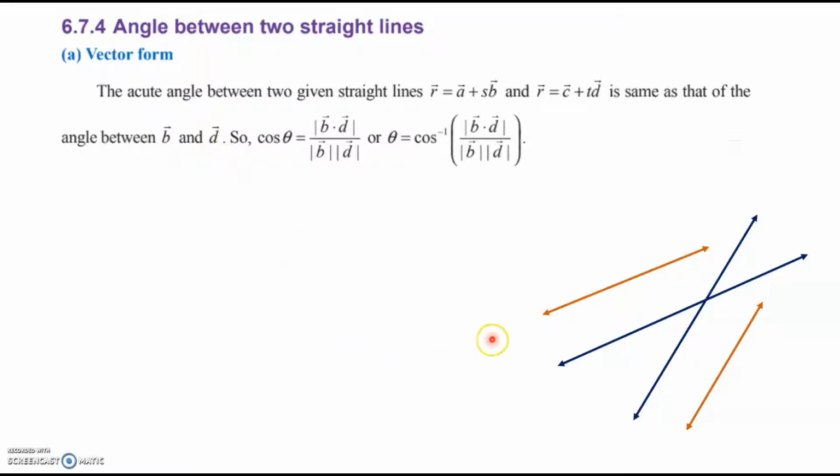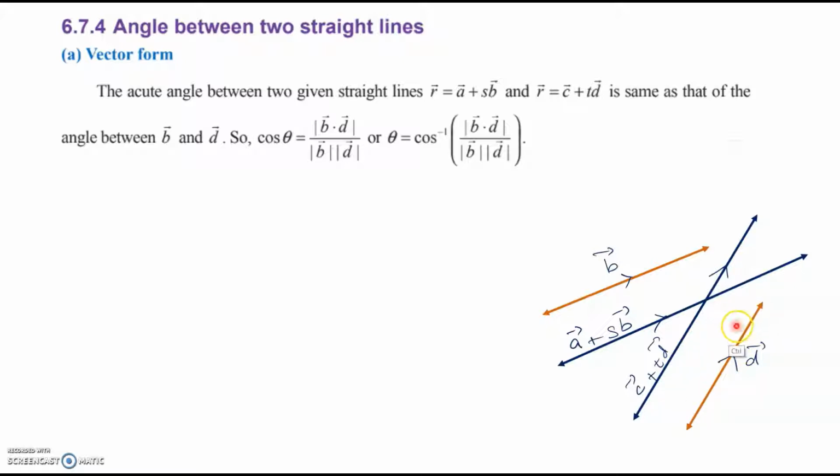So let's consider this to be our vector a plus s b vector, let's say in this direction, and this in this direction, let's define this as our c plus t d vector. Now let's consider this to be our vector b in this direction, and this to be our vector d in this direction.